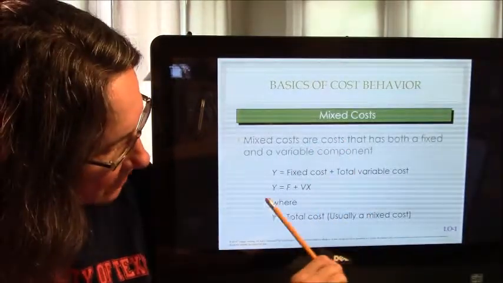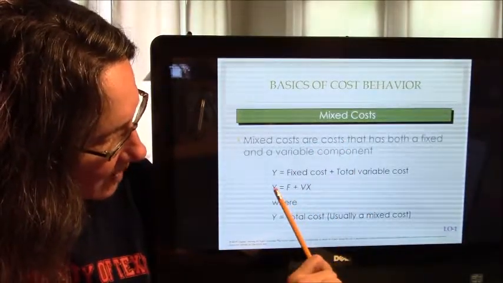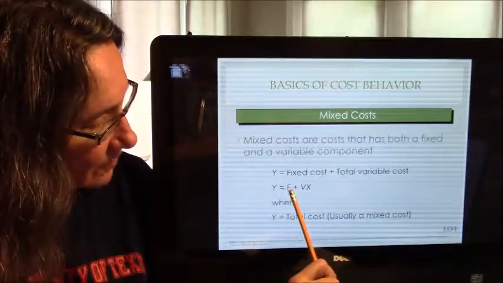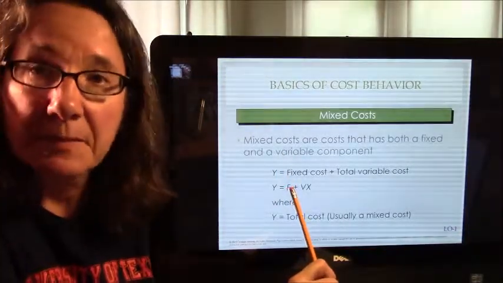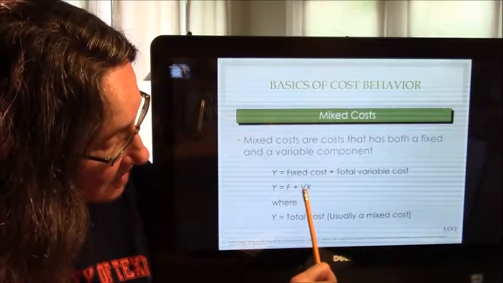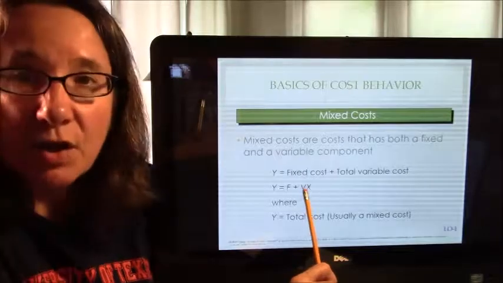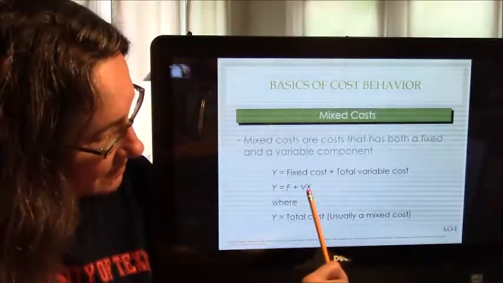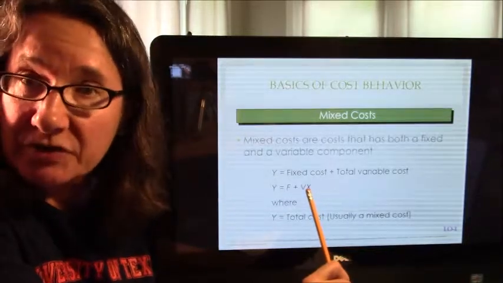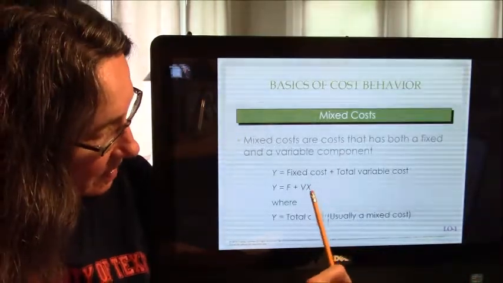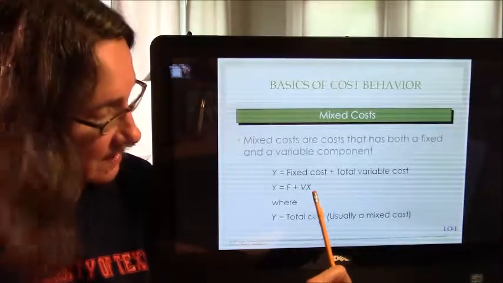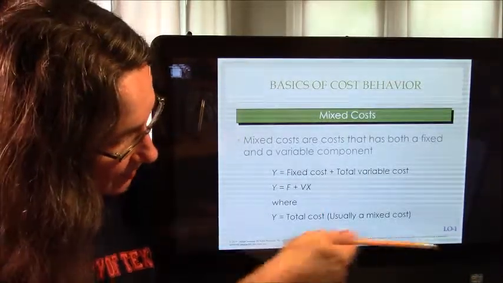So drawing a mixed cost, y-axis, total cost, is going to be equal to fixed cost, the intercept of the line, plus variable cost, which is the slope, right? Times x, which is the number of units. X is the variable, the number of units produced, right? So whatever we're trying to figure out how it increases by units, that's the number of units, the x-axis, how many we produce.